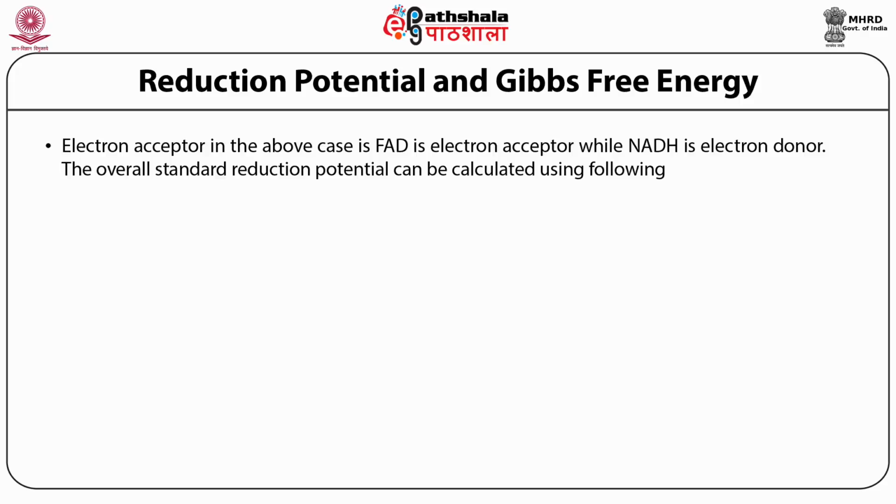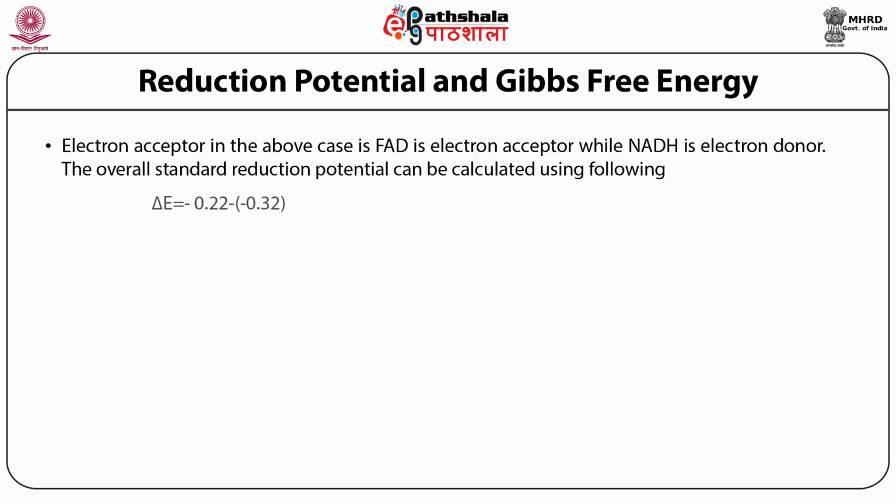So the overall standard reduction potential can be calculated using the above formula, but you have to make sure that you are writing the reduction potential of the electron acceptor, but you have to write the oxidation potential of NADH, which can easily be achieved by reverting the sign of the reduction potential.